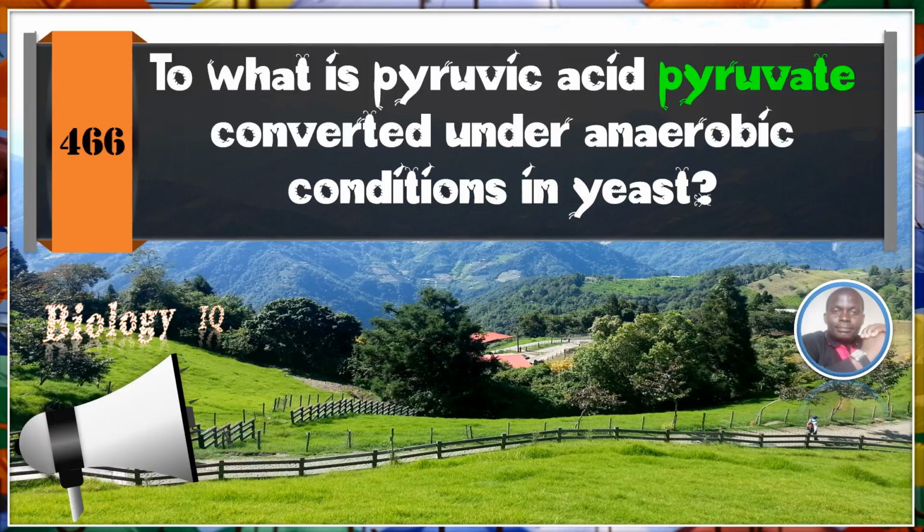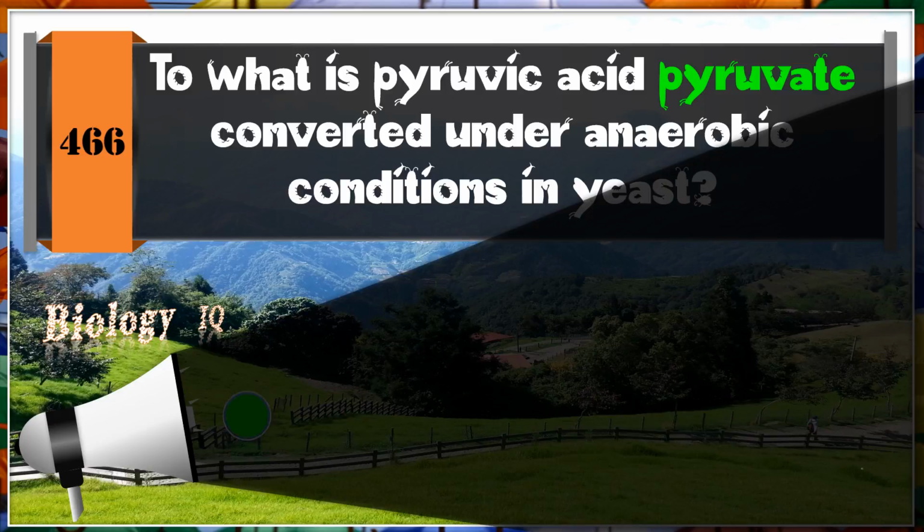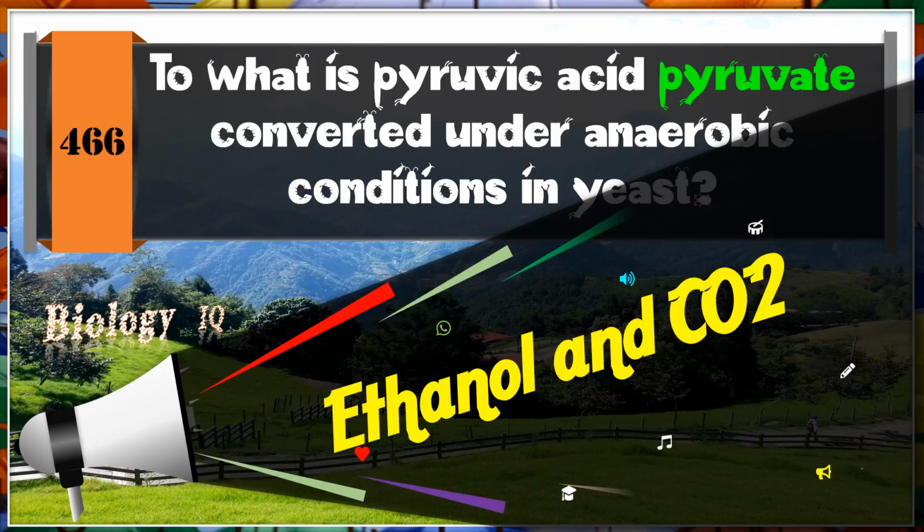To what is pyruvic acid, what we call pyruvate, converted under anaerobic conditions in yeast? Ethanol and carbon dioxide.